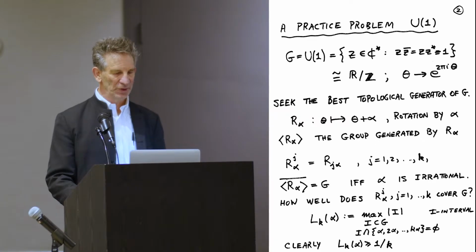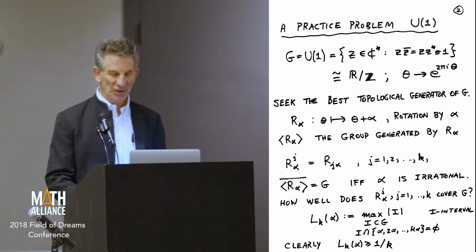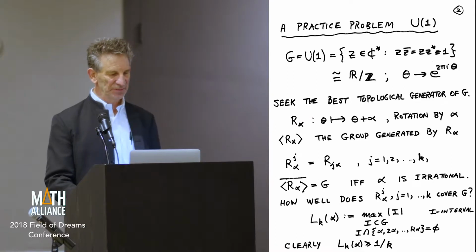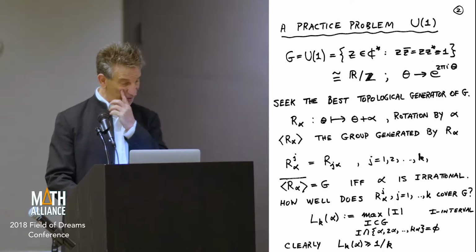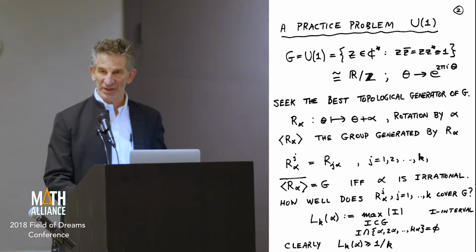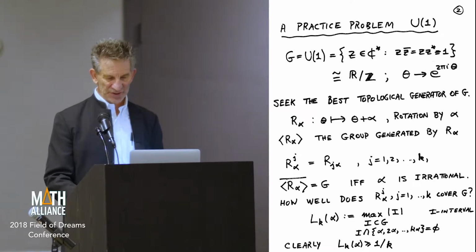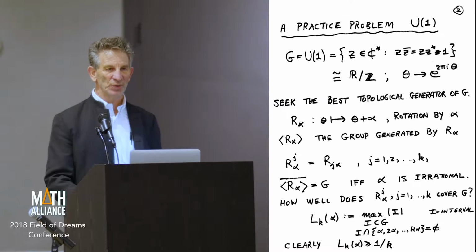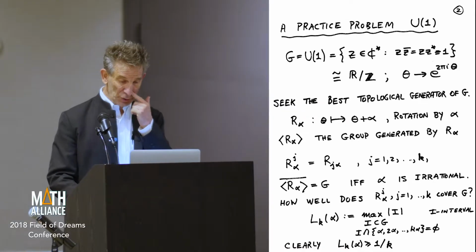So the group U1, which is just the complex numbers of modulus 1, so non-zero numbers z in the complex numbers such that z z bar, or z z star, equals 1. I'll use star, once I get to a matrix, for the complex conjugate transpose. So the non-zero complex numbers form a group under multiplication, and the numbers of modulus 1 are a compact group under multiplication, and that's just the unitary group U1.